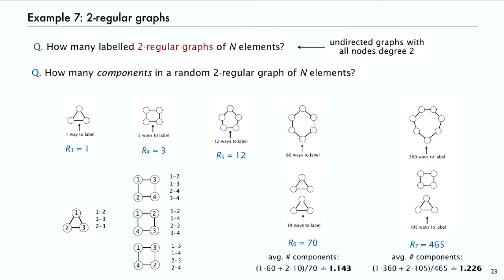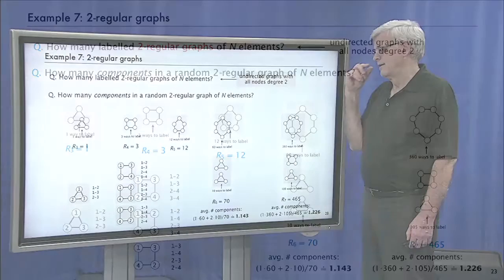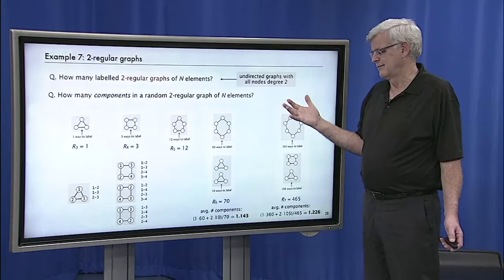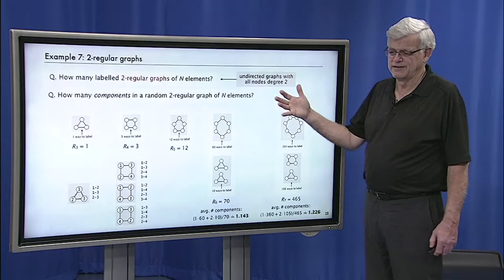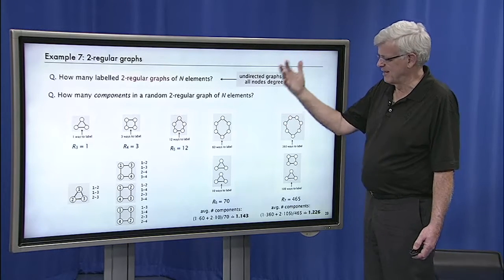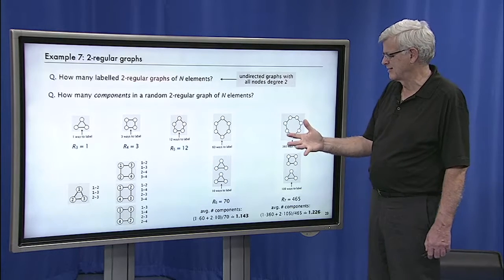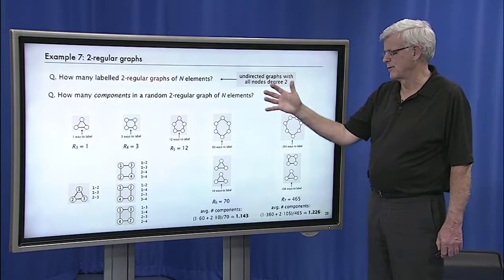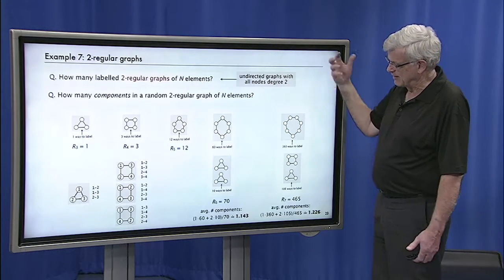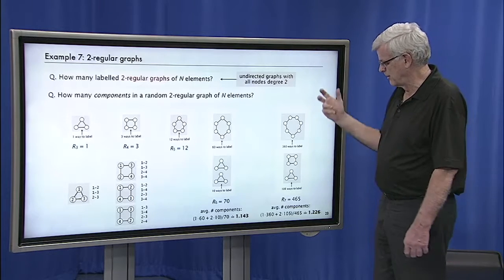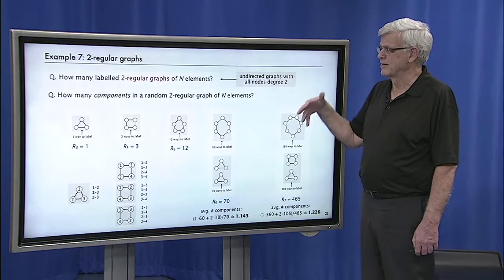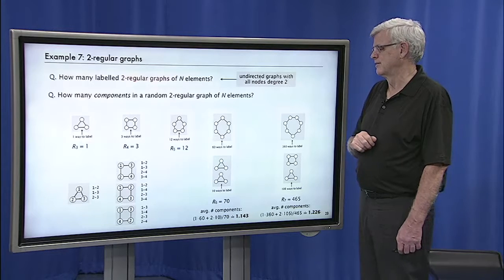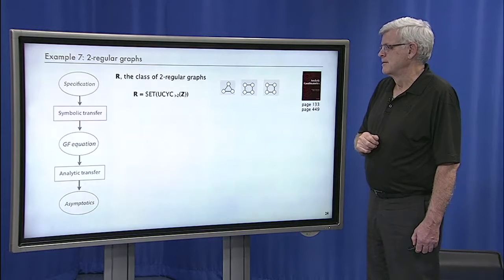And for this, it's 1.226. Maybe in some application in chemistry or some physical process, you might have a situation where you have a random structure of this type and you want to know the number of components. That's the kind of problem that we're getting at with this kind of analysis.